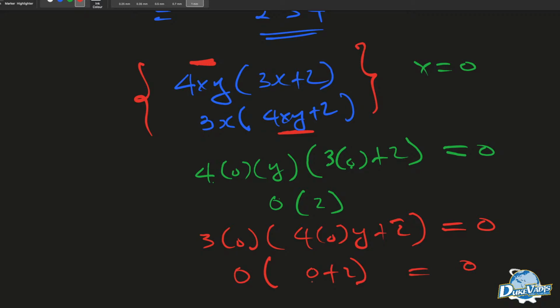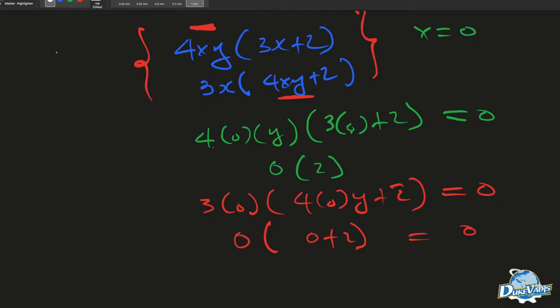So what we say in mathematics is that the two expressions do not correlate.